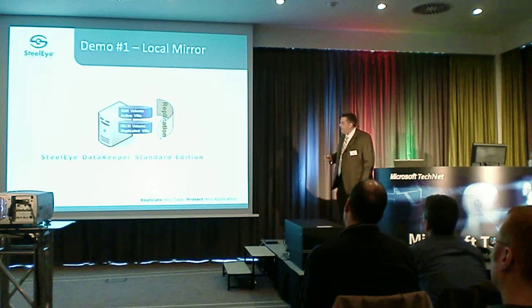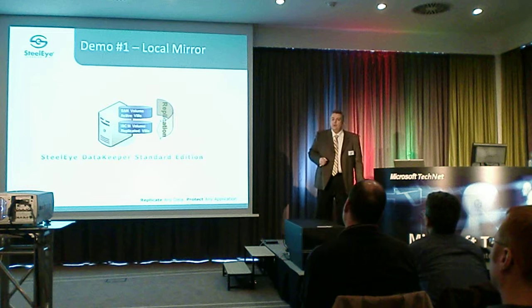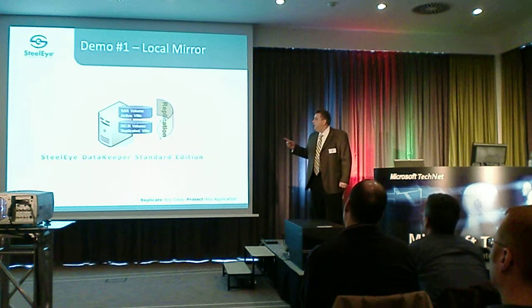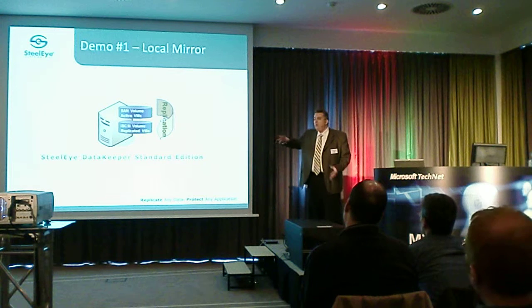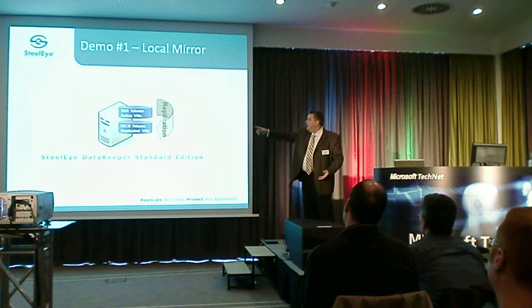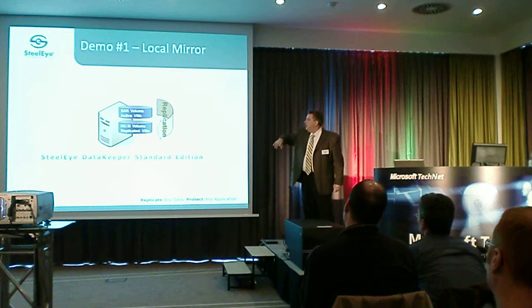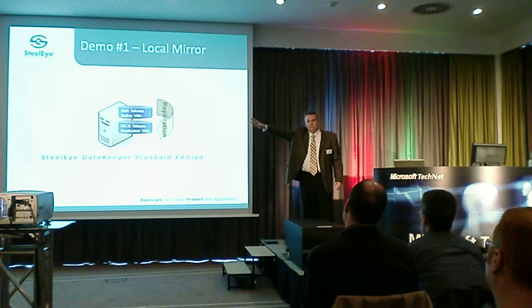And this is a very simple way to ensure data protection with a simple one license of DataKeeper. You might have all your virtual machines running on the E volume that's sitting on your SAN.